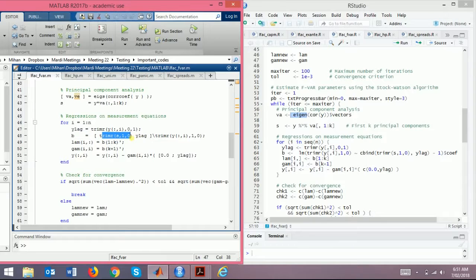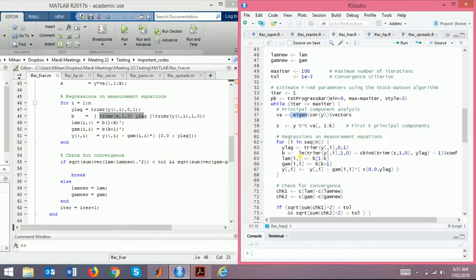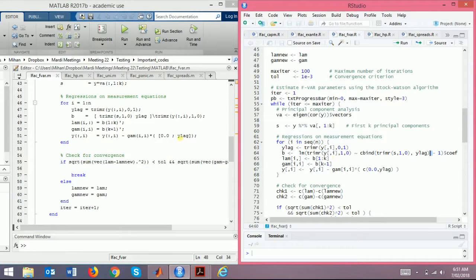So yt is being regressed on st and yit minus 1, right? So how we do it here, level is being regressed on st and yit minus 1. So basically we are adjusting for the dimension so that the dimensions don't mismatch, column bind so that they are in one column, minus 1, and we take only the coefficient.